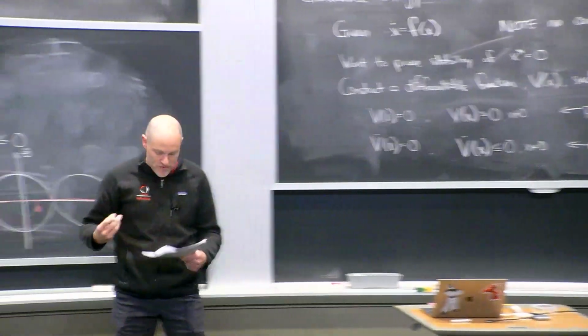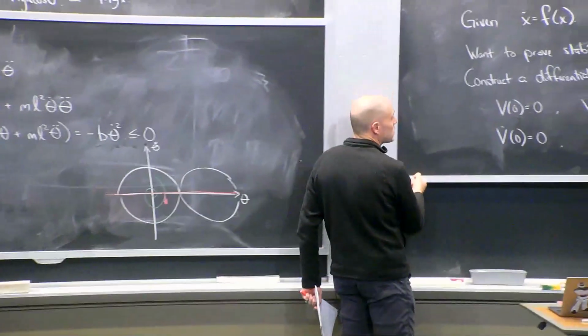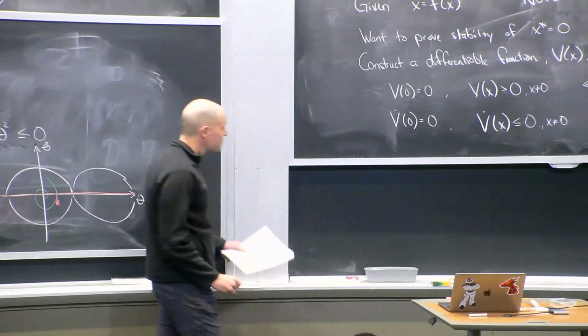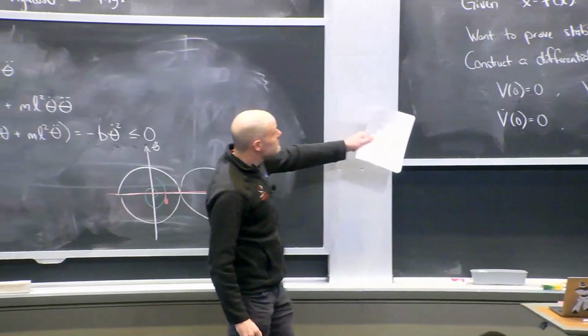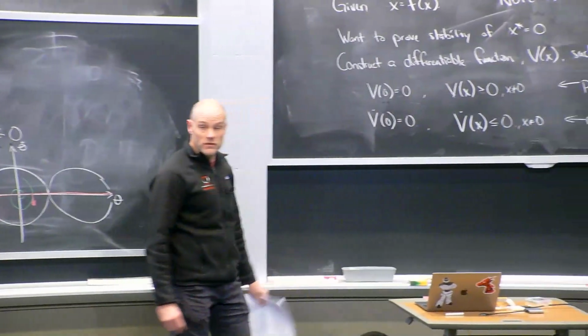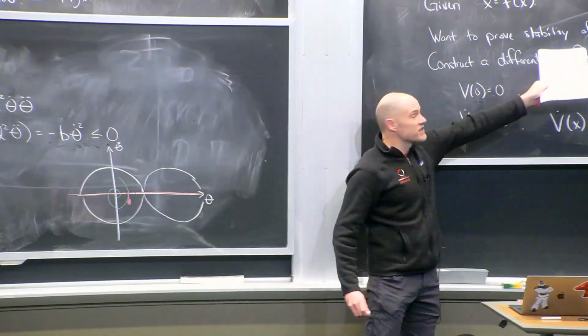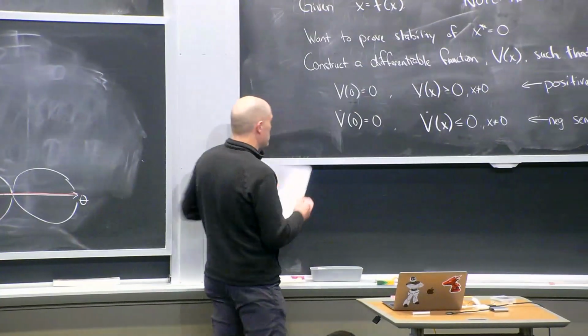So every time I write that positive definite notation, I mean both of these conditions. If I can construct a function for which these conditions all hold, then that is sufficient to prove the stability of the fixed point at the origin.